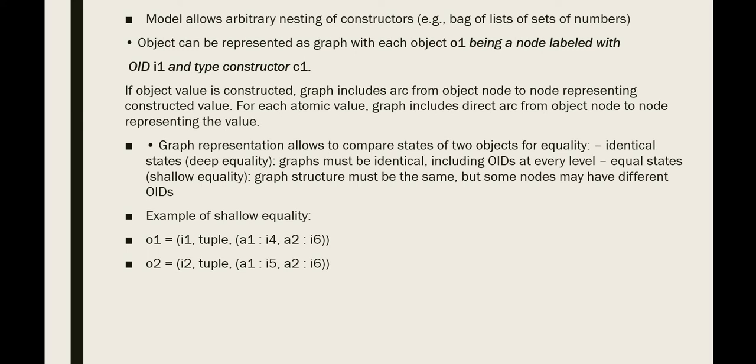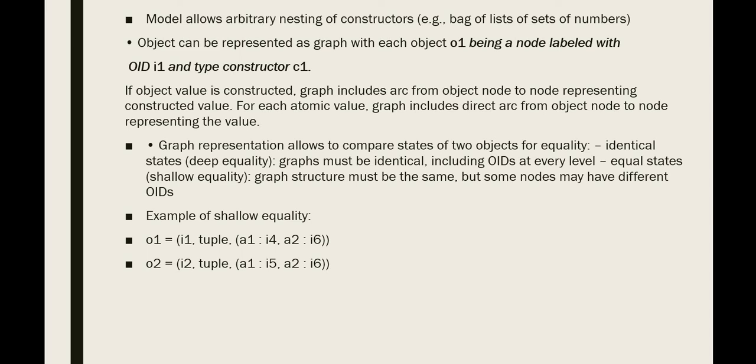Graphical representation allows us to compare states of two objects for equality. Objects can be compared for their equality. The identical state we call deep equality, and the equal state, that is shallow equality. The identical state means the graph must be identical, so even the object IDs at every level.